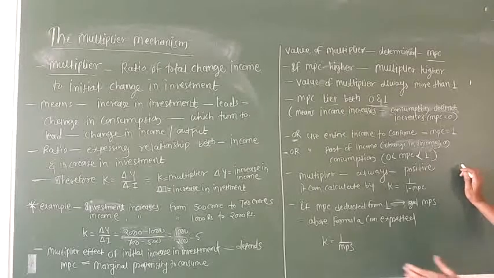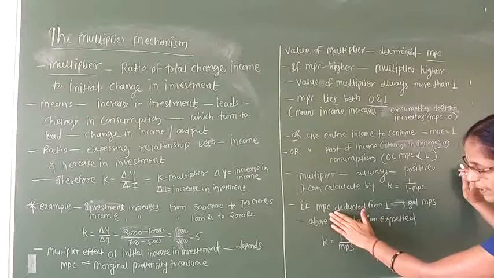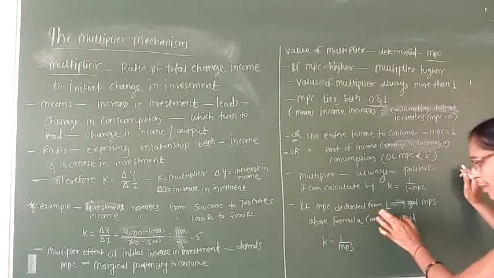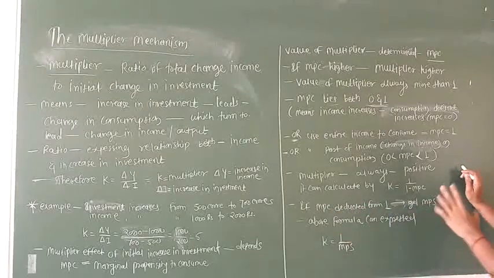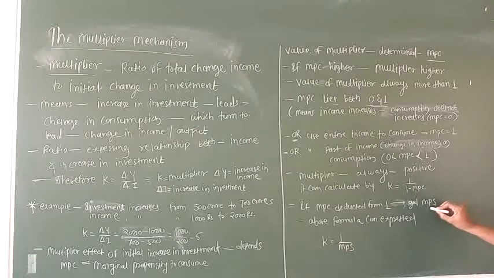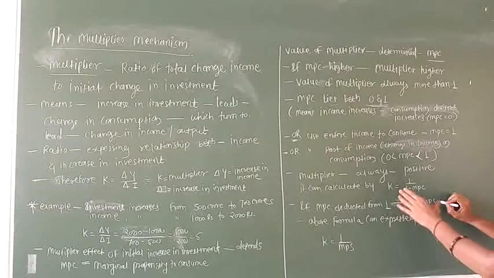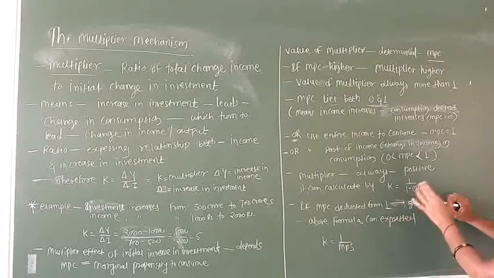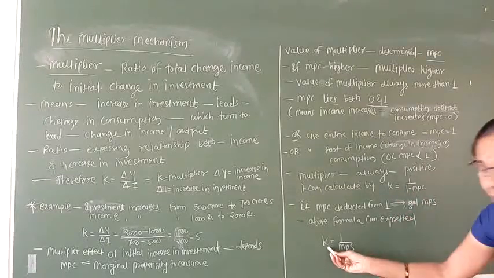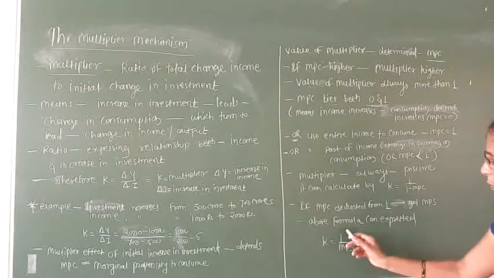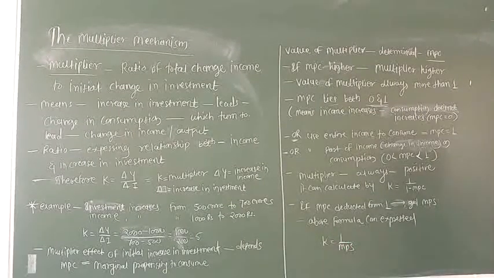So the above formula can be expressed like this: K is equal to 1 divided by MPS, that is 1 divided by the marginal propensity to save.